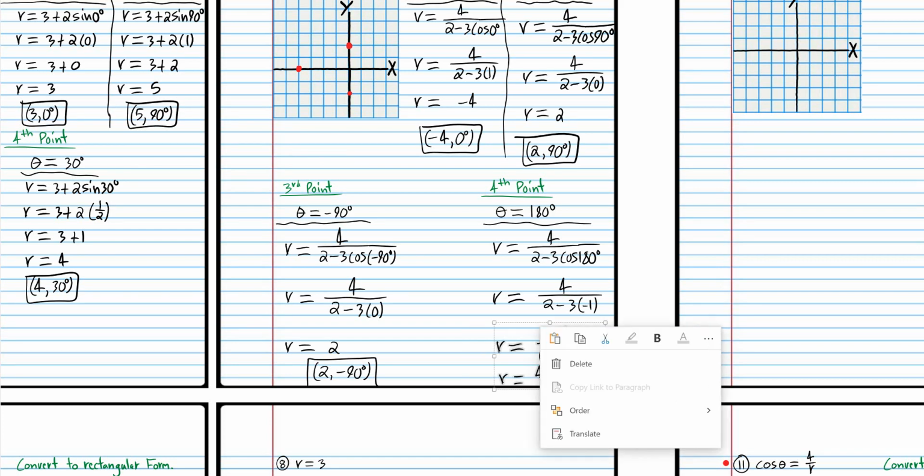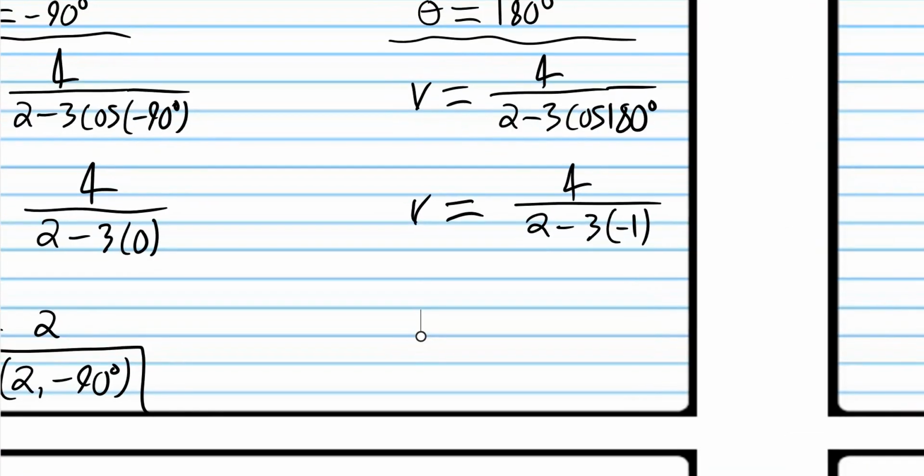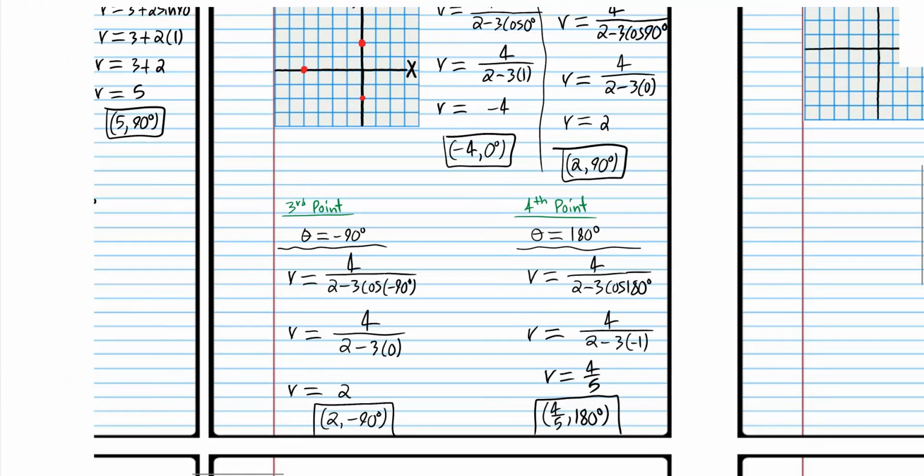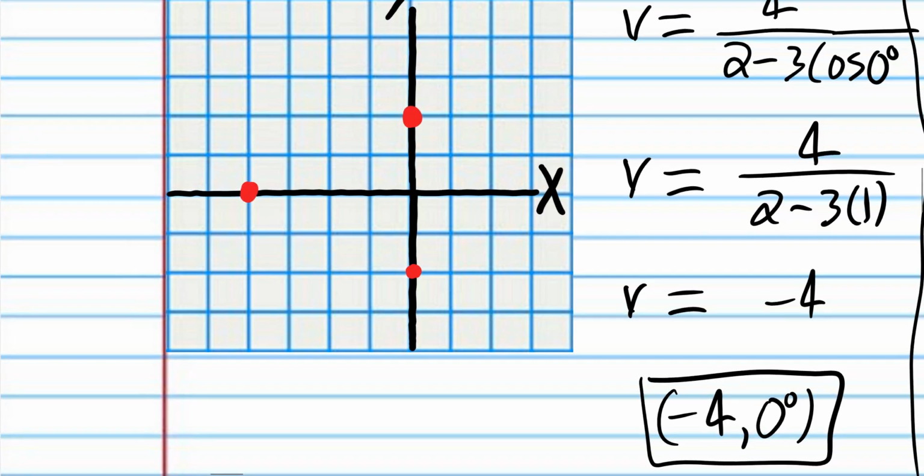Let me make some more room. So if r is equal to 4/5, our point that we're looking for is 4/5 comma 180 degrees. Sorry, my computer's going kind of slow here. Okay, 4/5, 180 degrees is going to get us to about here, because we go out 4/5 and we rotate 180 degrees to get to there.